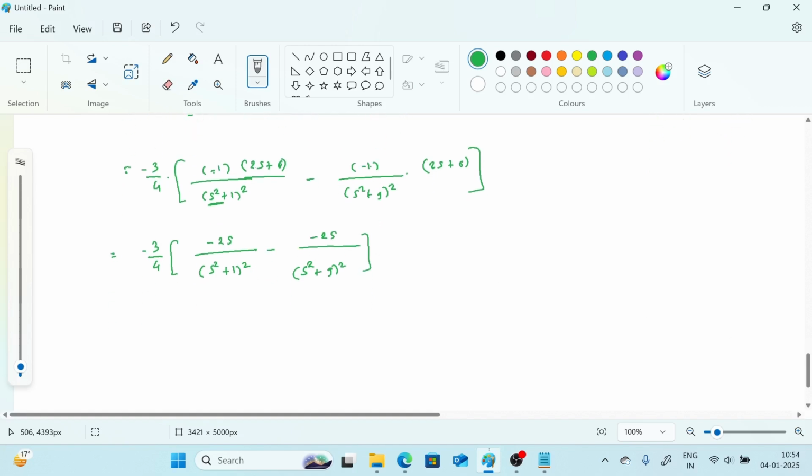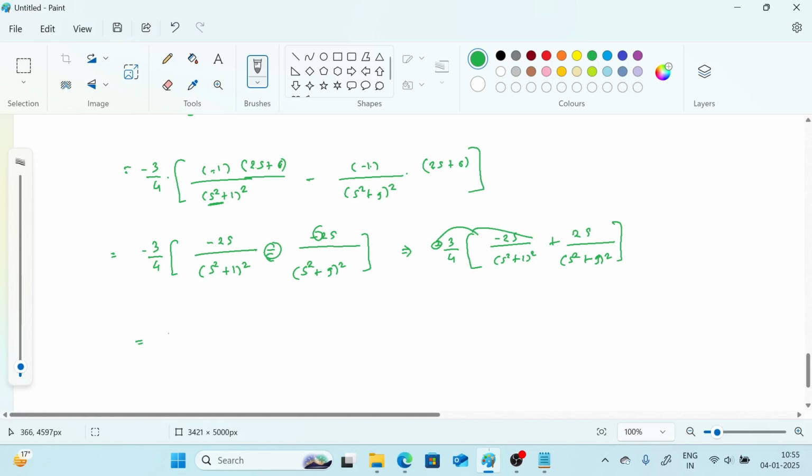If I further simplify it, what I will get: minus 3 by 4 into minus 2s upon (s square plus 1) bracket square. This minus, this minus, this minus and this minus become plus 2s upon (s square plus 9) bracket square. So after further simplifying, what can I do? I can take 2s common and I will multiply this minus to the inside term.